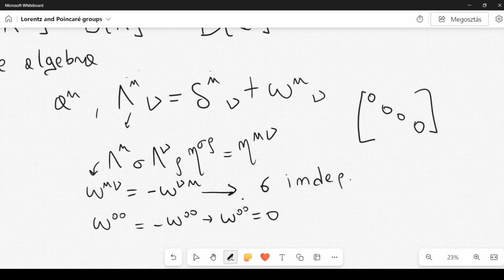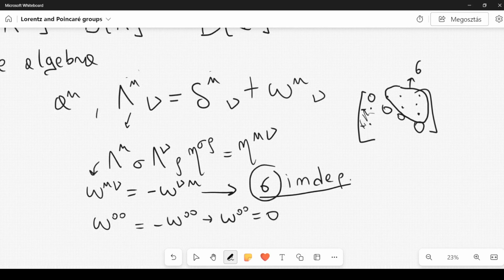And similarly for ω^11, ω^22, and ω^33. So we have a bunch of zeros on the diagonal, and the terms on one side are equal to minus the terms on the other, and so on. I will not write them, but if you count these terms, you have 6 of them. So there are 6 independent components for a generic antisymmetric matrix in 4 dimensions.